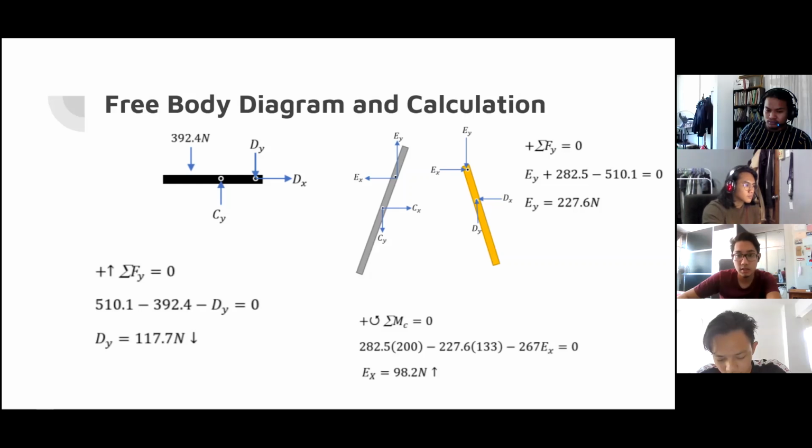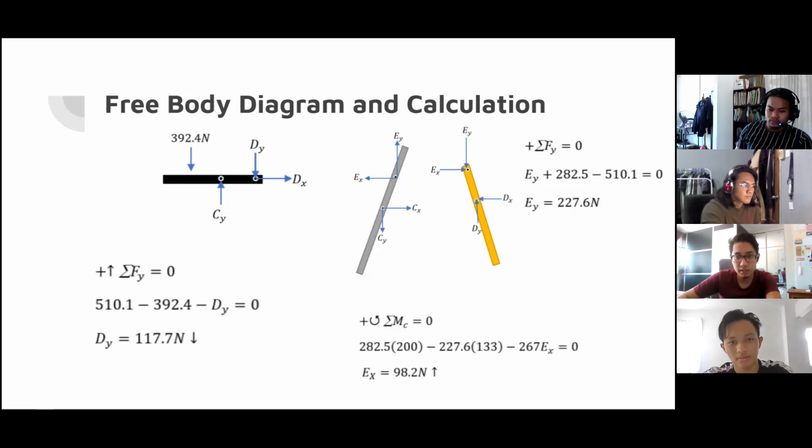So for the last two piece frame, the total vertical force is 0. So we can do dy plus 282.5 minus 510.1 equal to 0. So we will get dy, which is equal to 225.6 Newton.